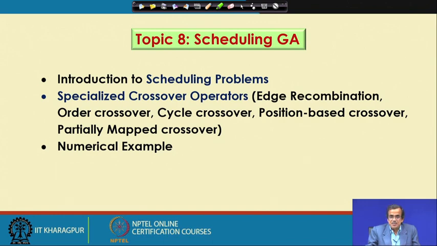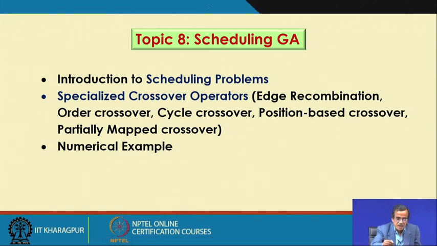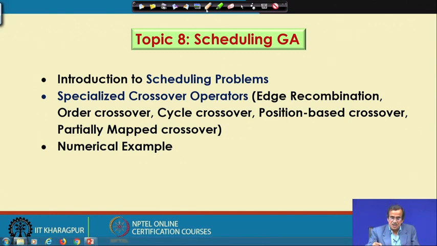Now, let me take a very simple example. Supposing that there are small n number of cities, and these small n number of cities are to be travelled by a particular person only once by covering the minimum distance or by consuming the minimum travelling cost, and he should be able to touch each of these particular city once.